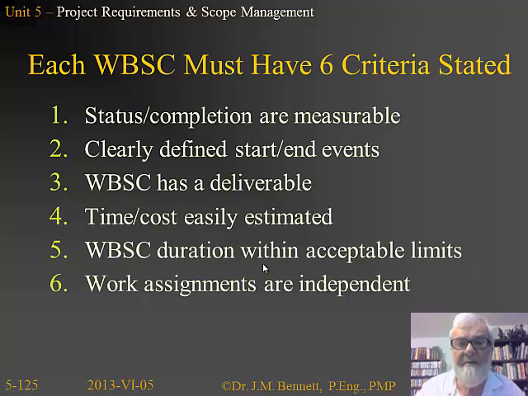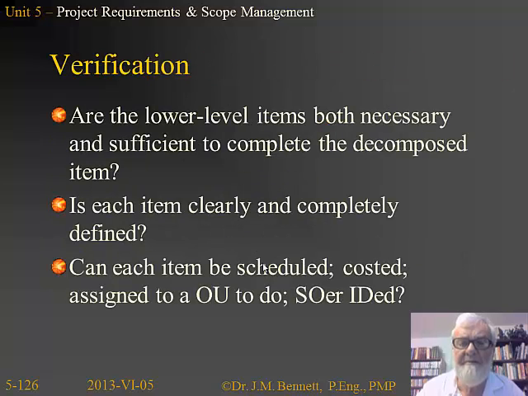So when I'm doing a WBSC, I'm not dependent on any other work assignments on any other elements being done, just the one that I'm completing here. The verifications are the lower level items necessary and sufficient to complete the decomposed item. Is each item clearly and completely defined? Can each item be scheduled, costed, assigned to an organizational unit, aka a human being, to do?